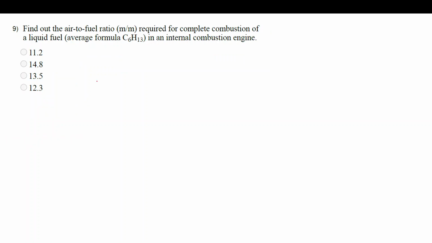The next question is a numerical. Here you need to calculate the air to fuel ratio which will be required for complete combustion of a liquid fuel in an internal combustion engine. There are multiple catches that you need to look into. First, this ratio is nothing but the mass of air per unit mass of fuel that you need to calculate.